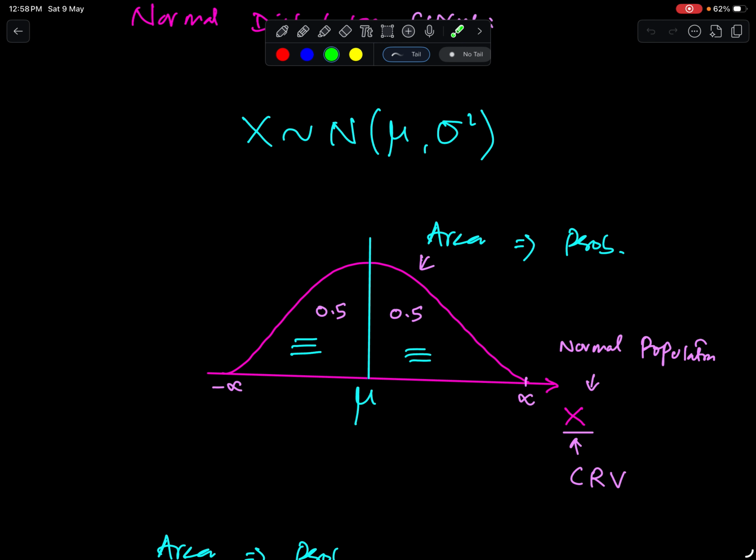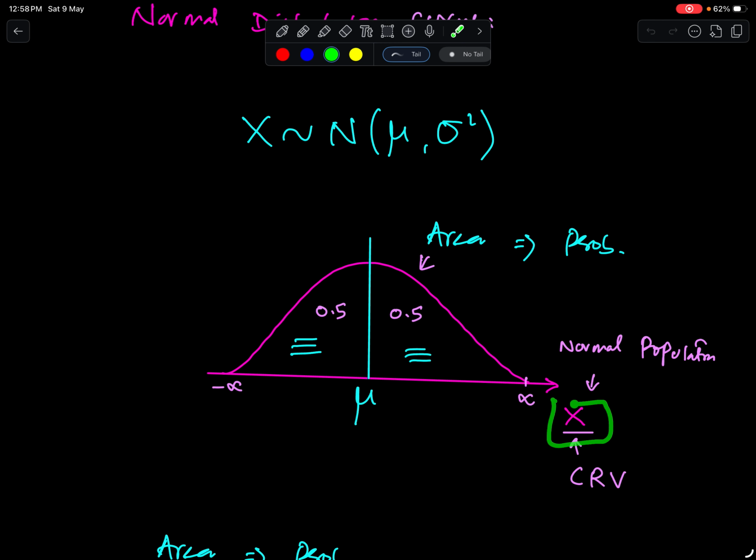So the curve is symmetrical about mean mu, and the total area is 1, and this area is 0.5, and this area is also 0.5.